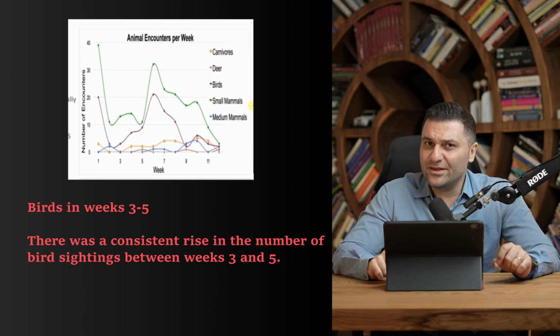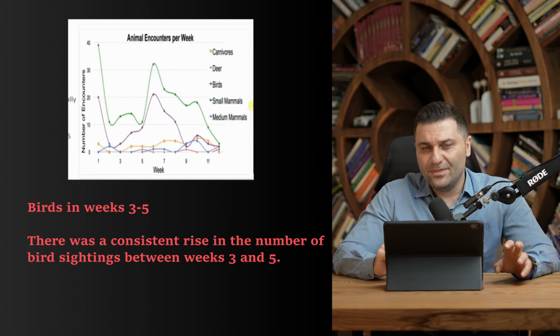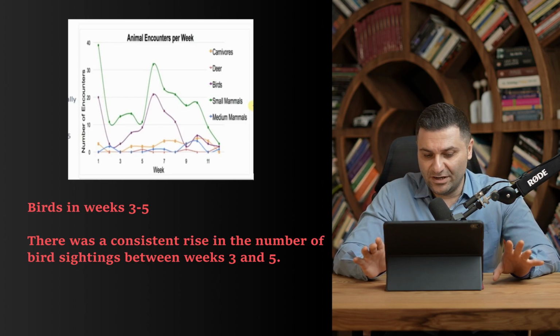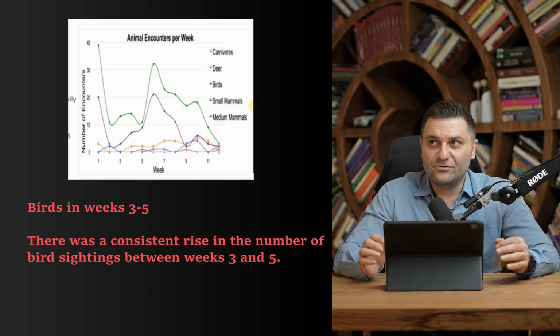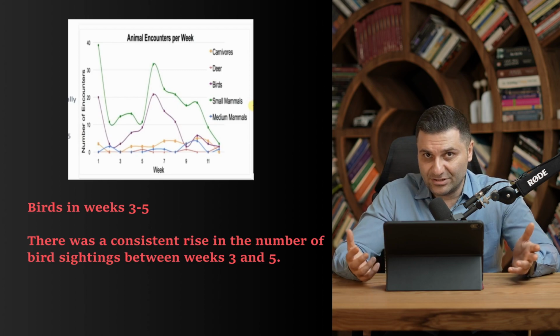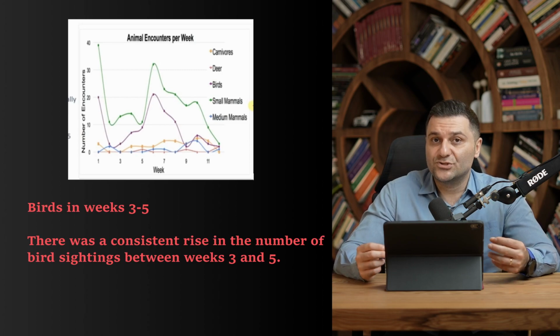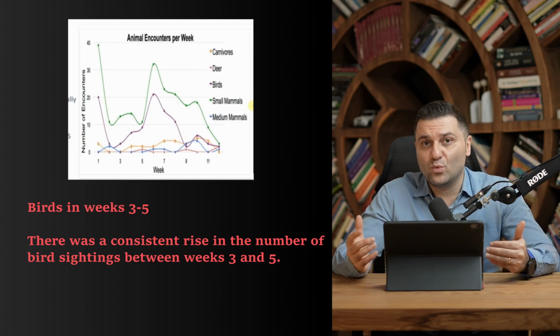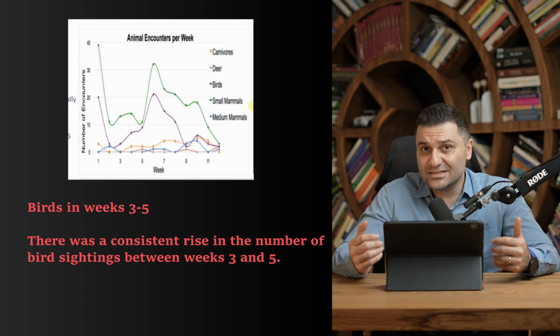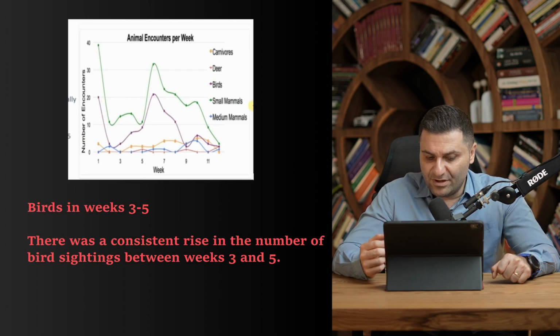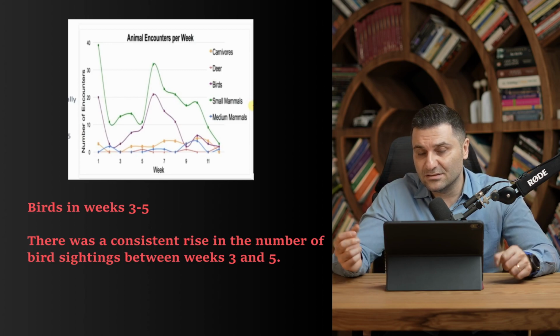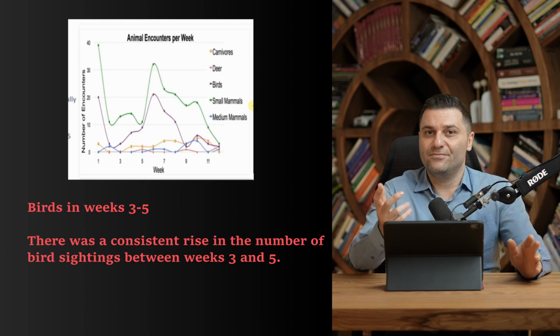So from 4 up to 10, that was consistent. Consistent rise or increase. So what sentence can we make out of this information? Again, we start our sentence with there was a consistent rise in the number of bird sightings between weeks 3 and 5. All right, pretty easy.